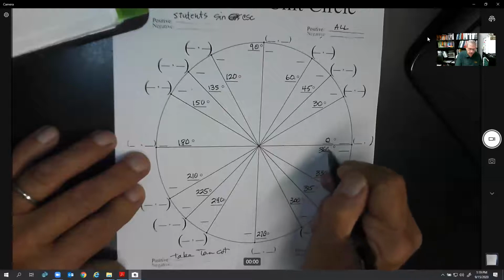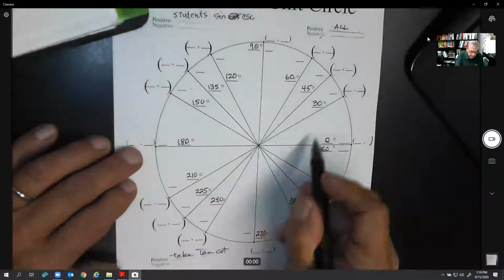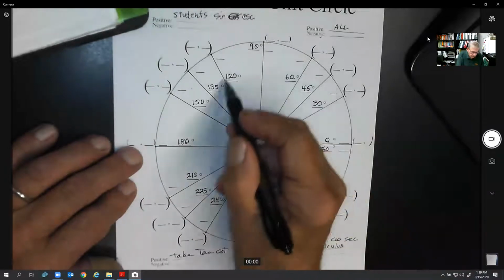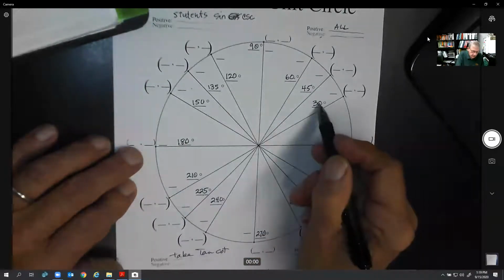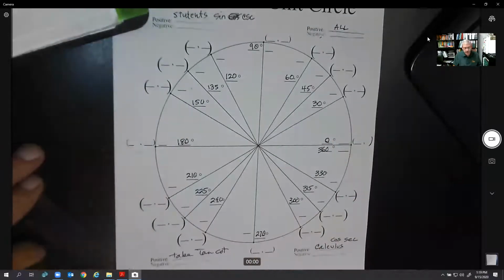So 0 and 360 are the same. And now we have all the angles filled in. We had to do the 45s first, then do your 30, 60, 120, 150, and so on. Going around, you're adding 30 each time.